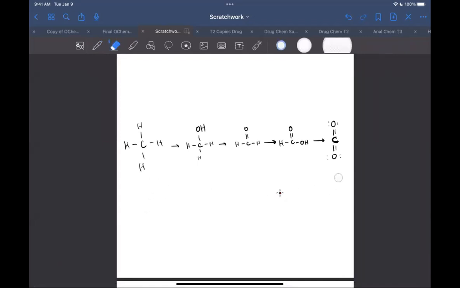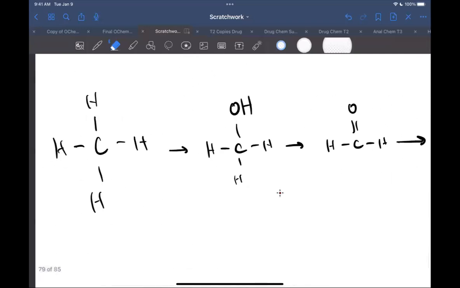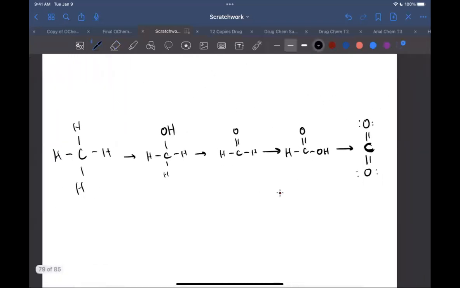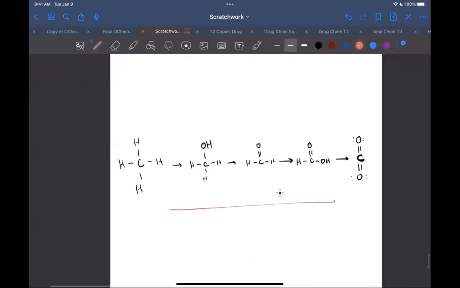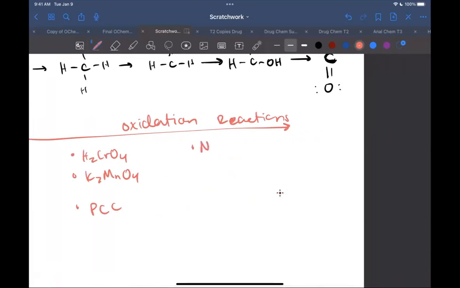And the intermediates are the stuff we've seen: carboxylic acids, aldehydes, alcohols, all deal with oxygens. So your oxidation reactions go this way. Just to throw out some oxidation reagents that you have seen so far: H2CrO4, K2MnO4, PCC, NaOCl, CH3COOH.